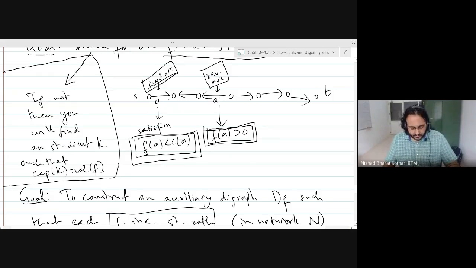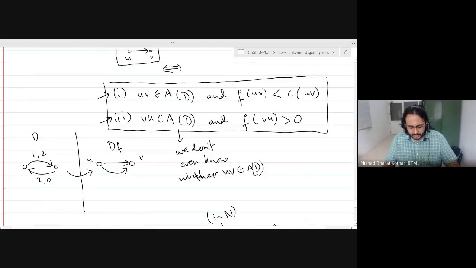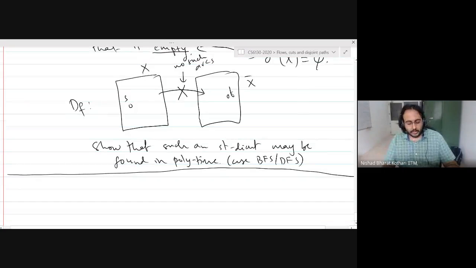Good. So we have basically discussed how the algorithm can actually be implemented in polynomial time.